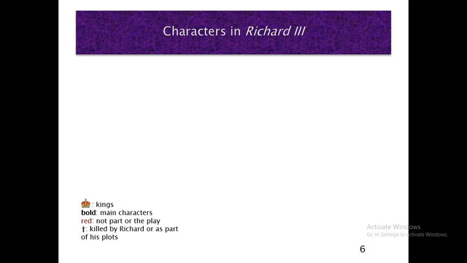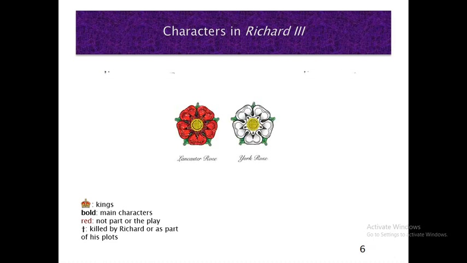Red means the characters are not part of the play. And of course, there are some characters, several characters actually, that are killed by Richard or that have been killed as part of his plots. Okay, let's have a look. We have the basic structure, House of Lancaster versus House of York.